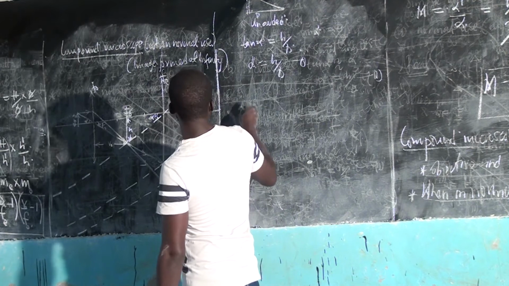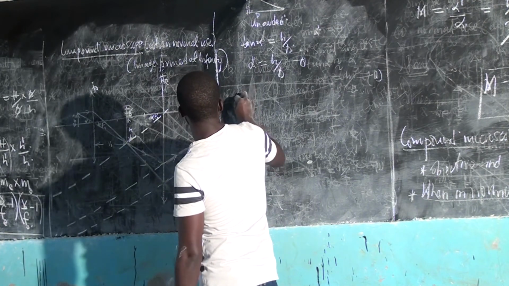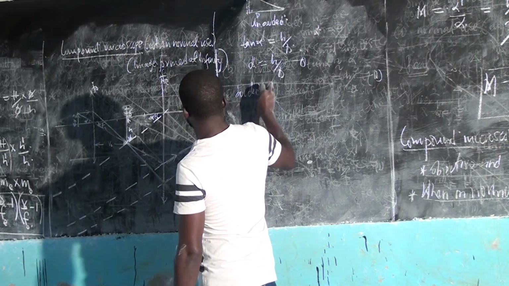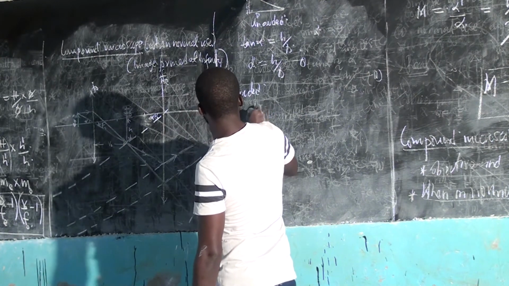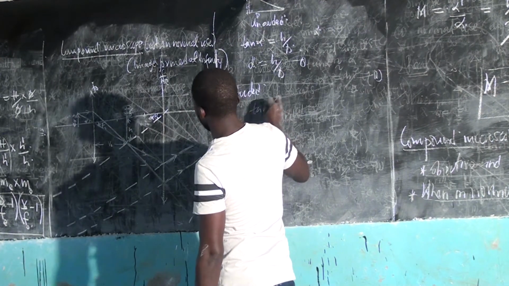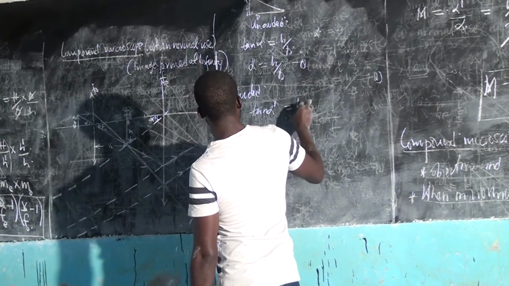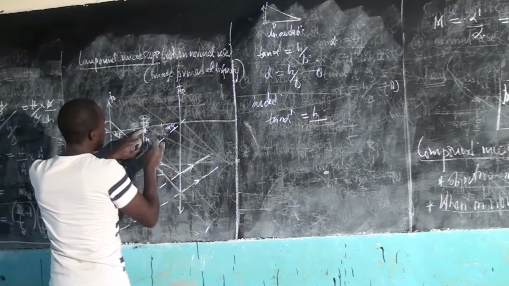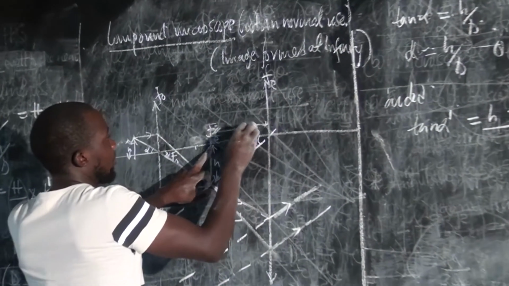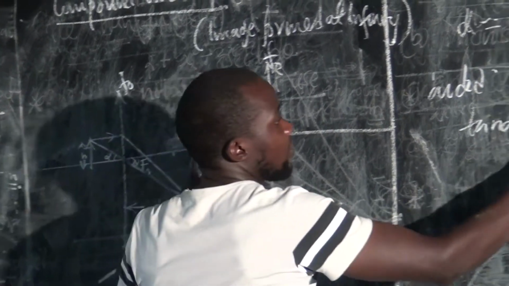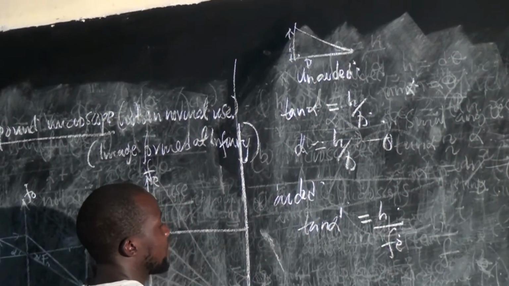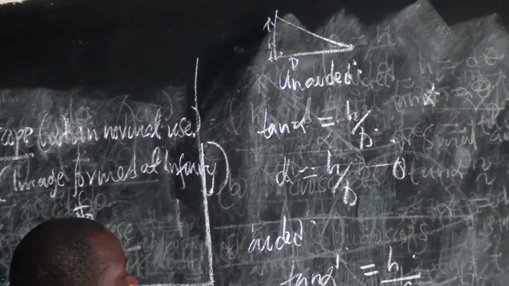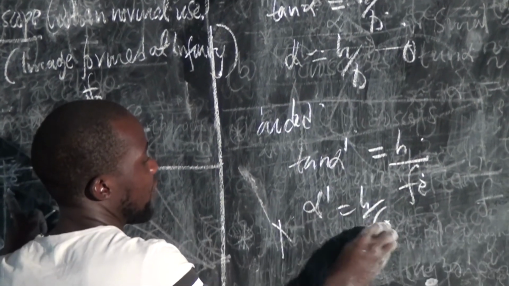Now for the aided case, the alpha prime becomes H over the distance from here up to here, which is FE. So the alpha prime now becomes H over FE.